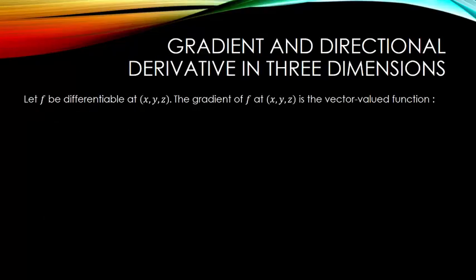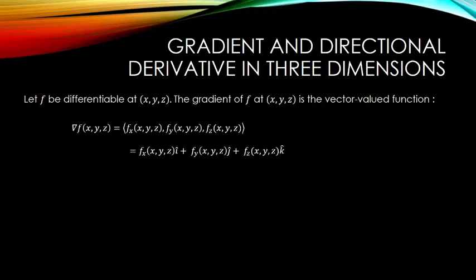So let's let f be a differentiable function at x, y, z, and the gradient of f at x, y, z is given by the vector with components f_x at x, y, z, f_y at x, y, z, and f_z at x, y, z. I'm going to expand that into vector component notation. I get f_x of x, y, z in the i-hat direction, plus f_y of x, y, z in the j-hat direction, plus f_z of x, y, z in the k-hat direction.